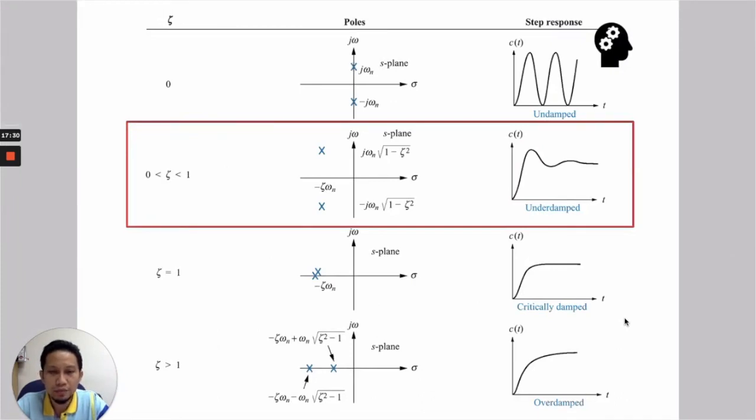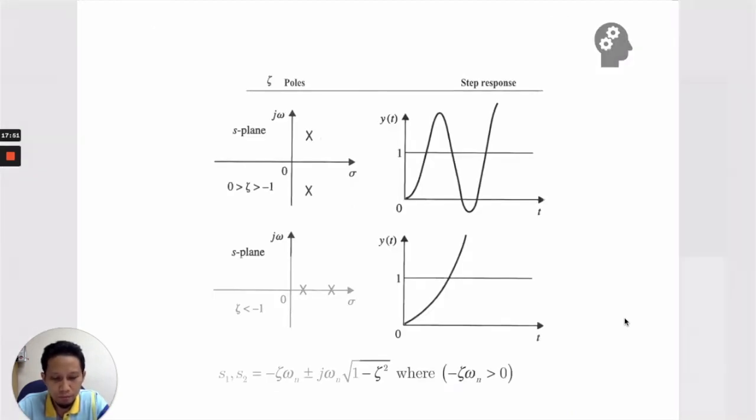I have explained in the previous lectures about this, where we have this location of poles with the step response. What I discussed in the previous slides, you can refer back to this slide, as well as this slide.